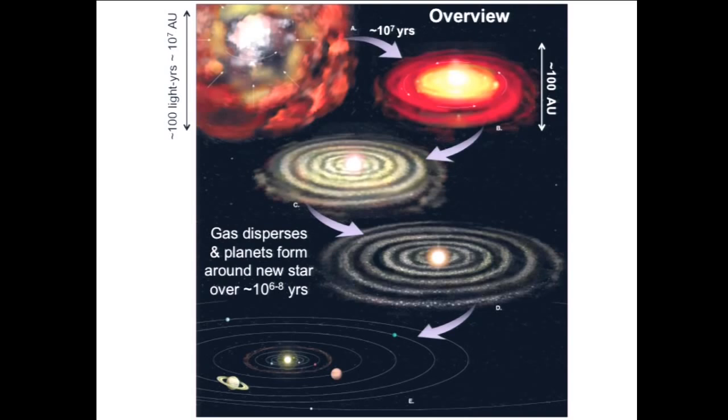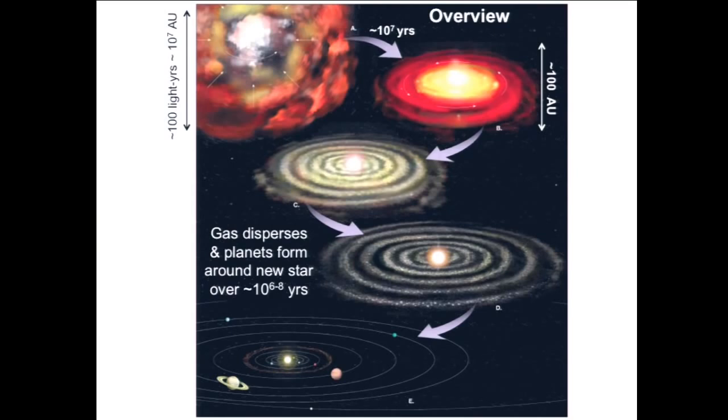As they collapse in, they're rotating, so they can't collapse directly to a point. They start to form this rotationally supported object, a disk. And this disk, then, is the place where the planets form.